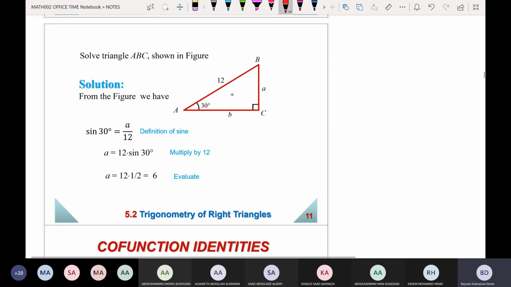Sine of 30 degrees is a divided by 12, right? By cross multiplication, Shabab, you will get a equals 12 times sine 30. And sine 30 from the table we need to remember is half. So 12 times half is equal to 6. So we got a equals 6.